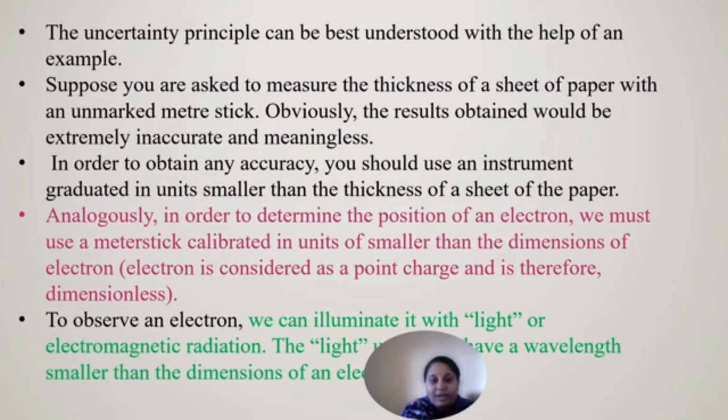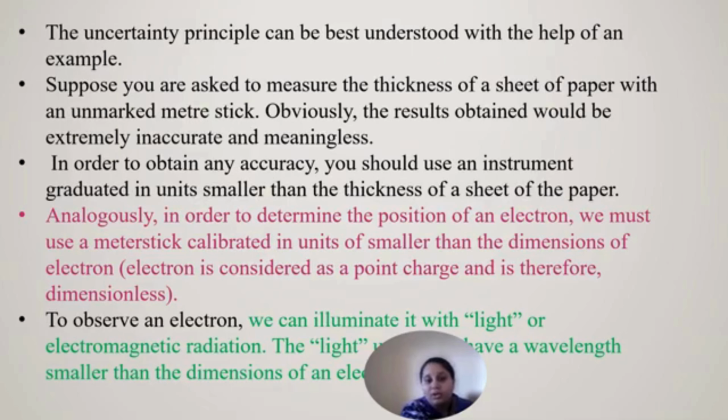In the same way, in order to calibrate the dimension of the electron, which is a point charge, and a point charge is dimensionless. So we illuminate this electron with light or with electromagnetic radiation, so that the light emitted will have some wavelength.